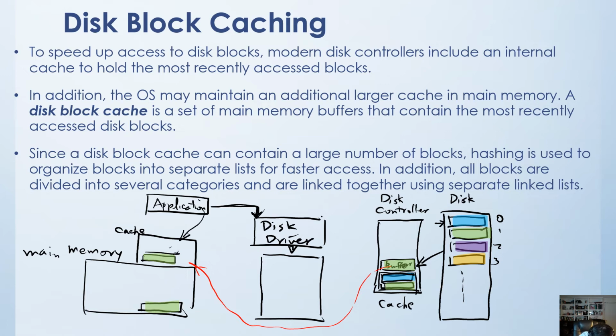Before making the copy from the disk to the buffer, it's going to check the cache over here, and find out this piece is actually in the disk controller cache. So it can copy this data from the cache into the main memory.